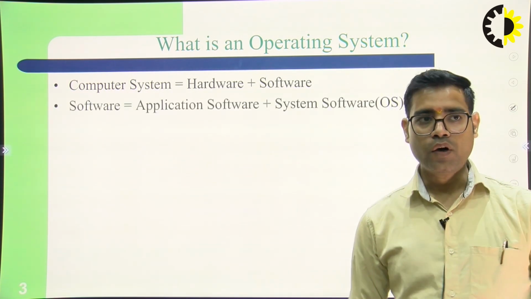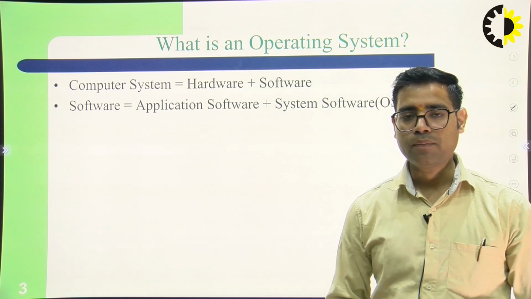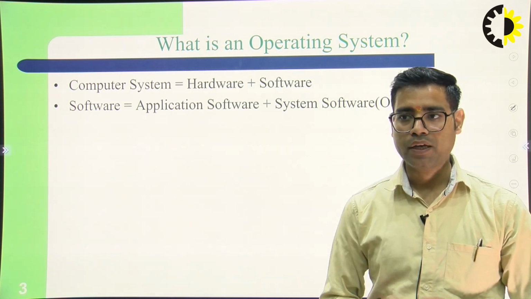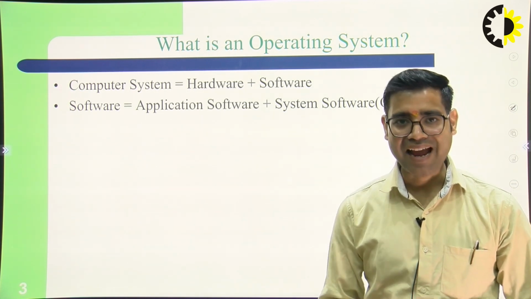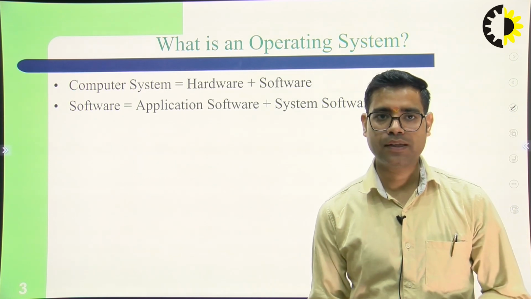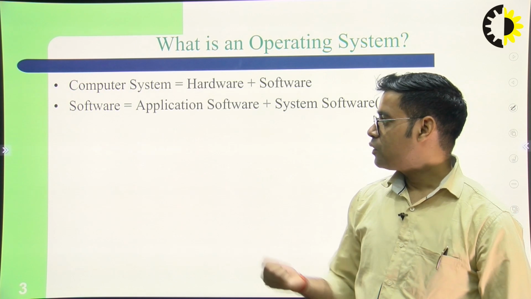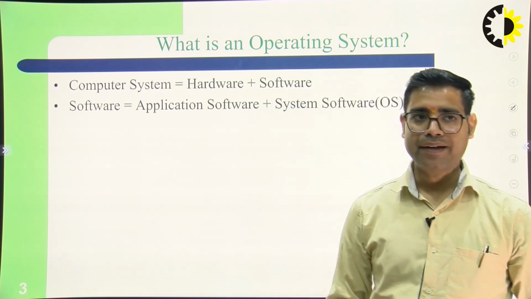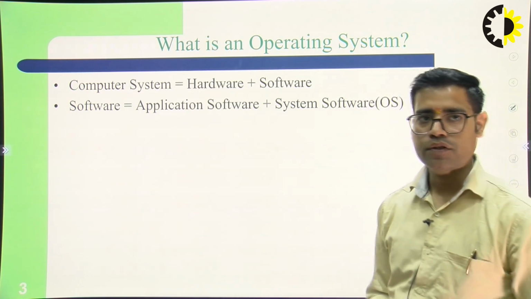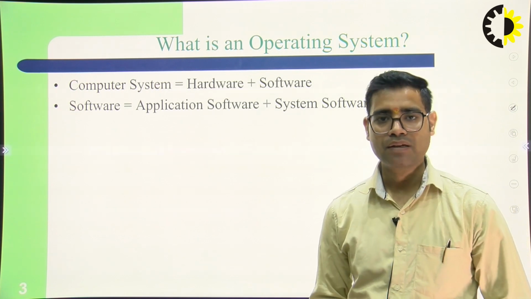Now what is software? Software is a collection of programs. Software is divided into two categories, one is the application software and the second one is the system software.